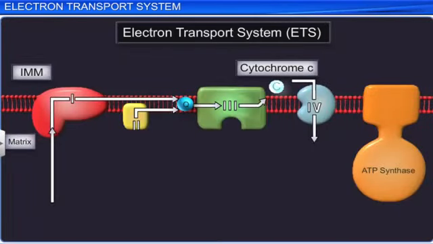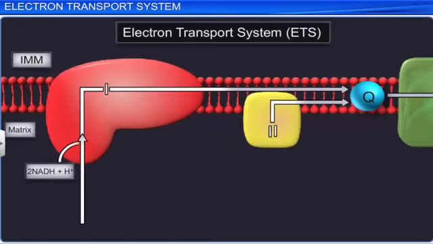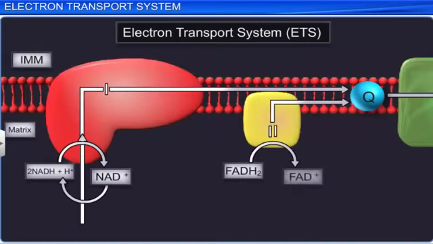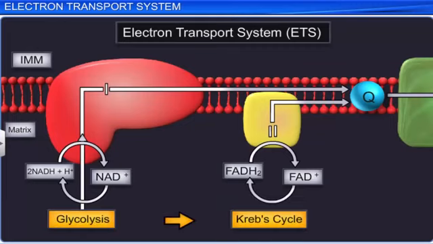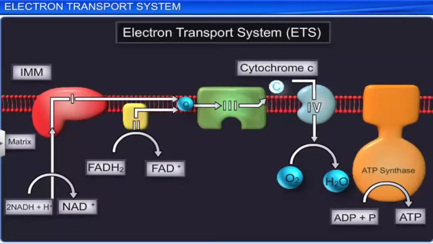ETS serves 3 important functions in aerobic respiration. It regenerates the oxidized form of coenzymes to be used in glycolysis and the Krebs cycle. It transports 2 H plus and 2 electrons to oxygen, and it utilizes the energy of the coenzymes in the production of ATP.